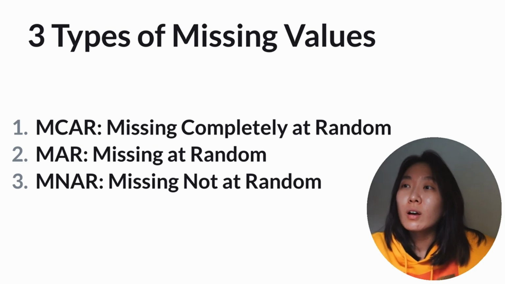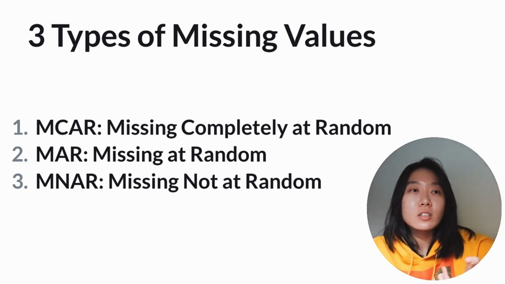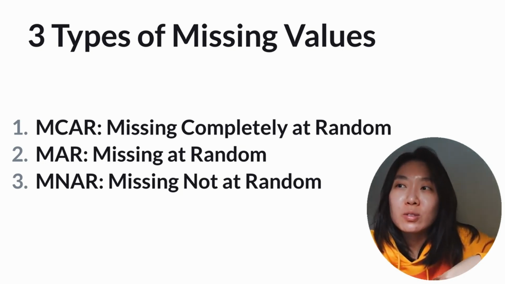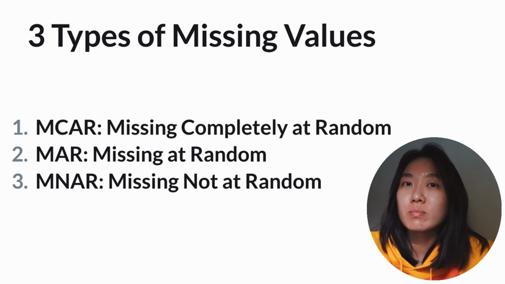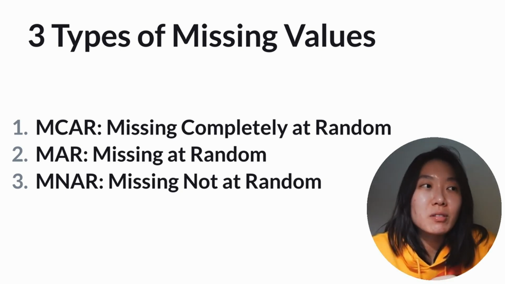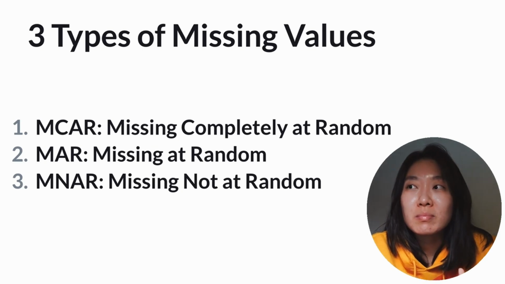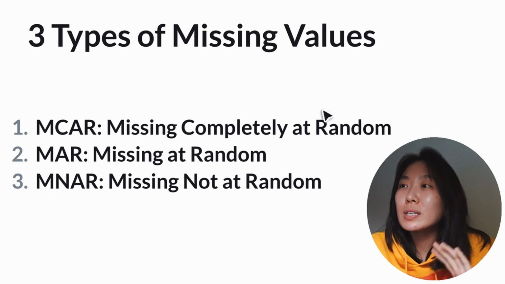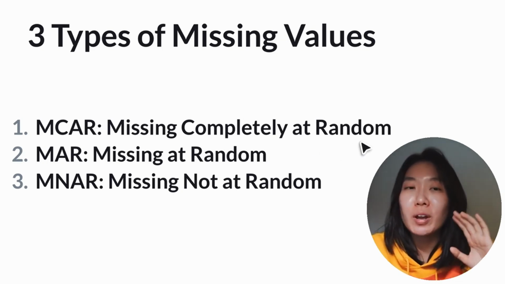But then all of a sudden a dog comes towards you, grabs 3 of them and runs away. So the data is missing out of randomness. It's completely random, and that's what we call missing completely at random.